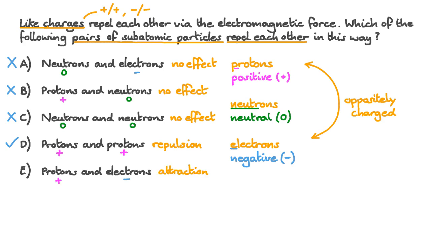Protons are positively charged, electrons are negatively charged. Opposite charges actually attract one another, so instead of repulsion, we would see protons and electrons attract. Therefore, out of the 5 pairs we've been given, the only pair where we would see repulsion due to the electromagnetic force would be protons and protons.